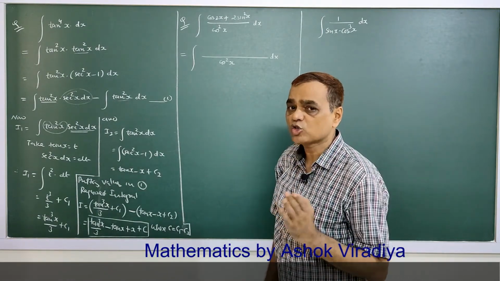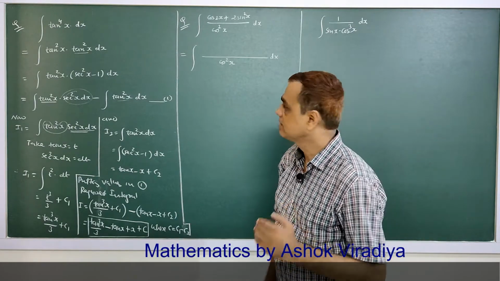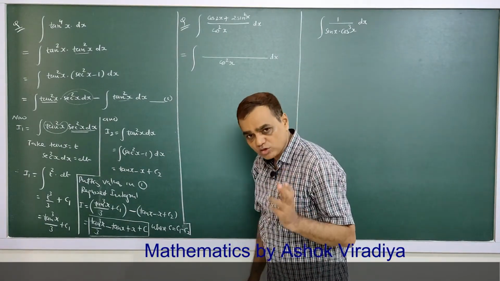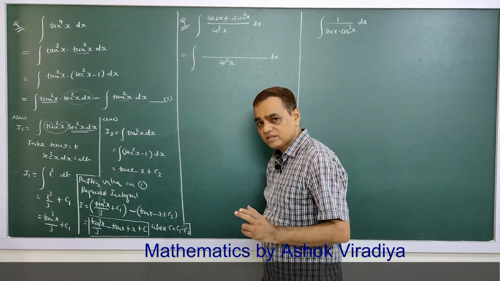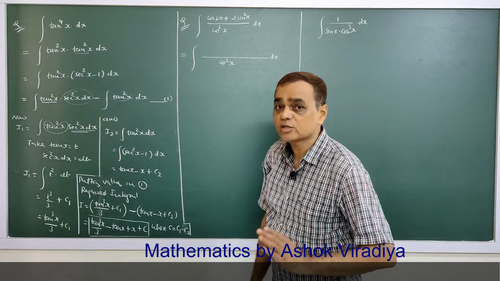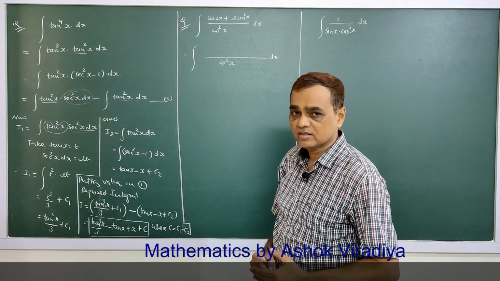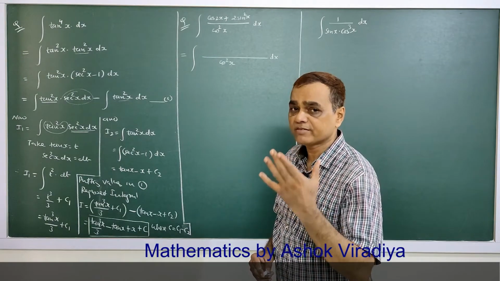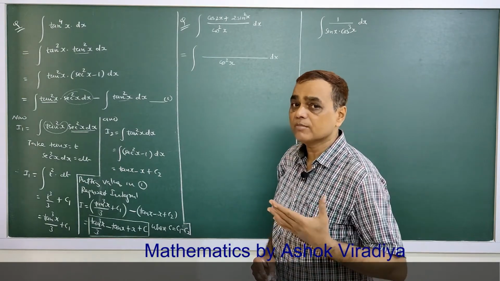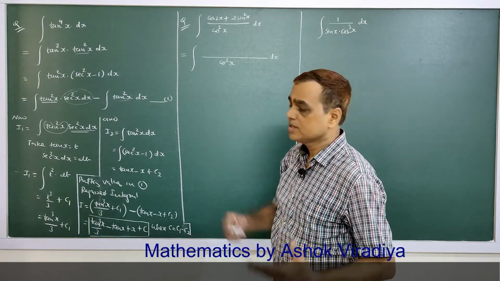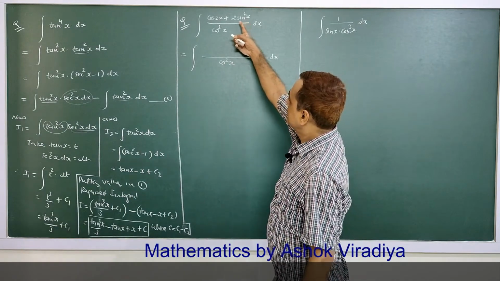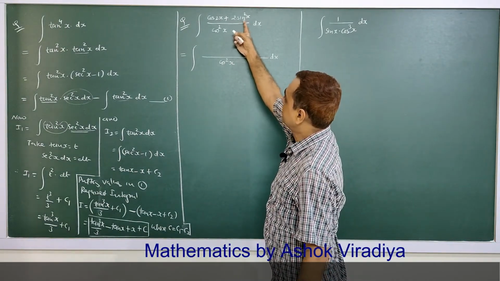Sometimes we use cos square x minus sin square x, sometimes 2 cos square x minus 1, sometimes 1 minus 2 sin square x. So before using the appropriate form, check other terms. Say here, this is 2 sin square x.